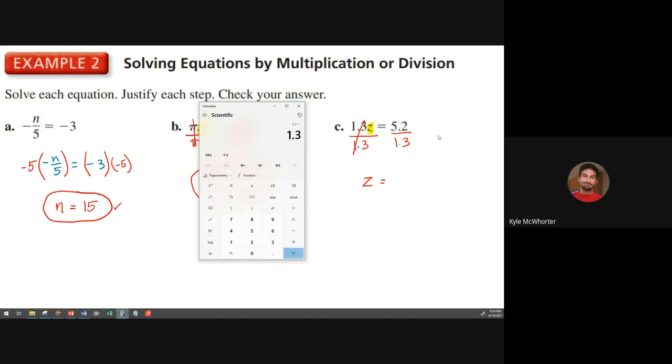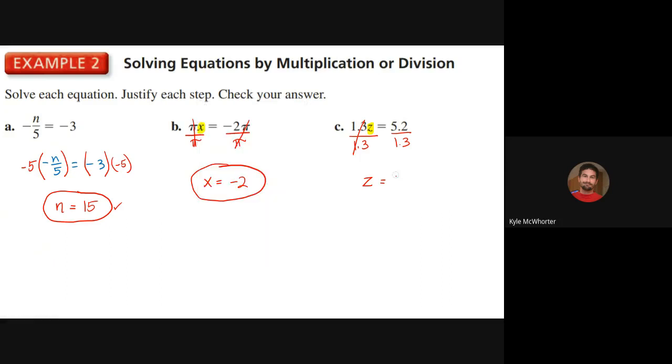Honestly, if you used a calculator to do all of your multiplying and dividing, it wouldn't bother me at all. I like it when you at least try first and then check to see if you did it right with the calculator. So 5.2 divided by 1.3 is 4. So Z equals 4.